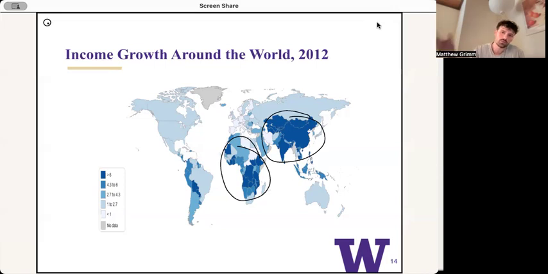And this works both ways. The United States had really high income per capita, but its economic growth was a lot slower. Same with Canada, same with Australia. So this is a theme that we see in data. There's going to be a model that we use that will explain why this is going on.